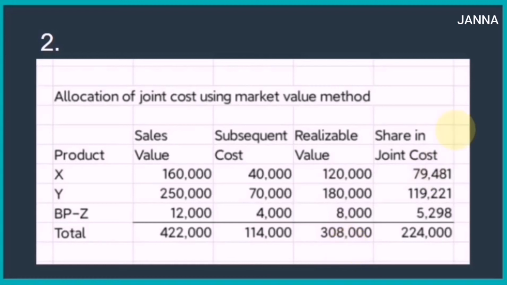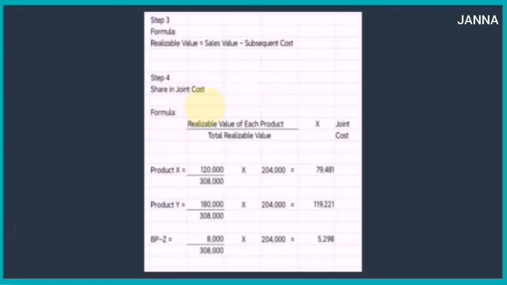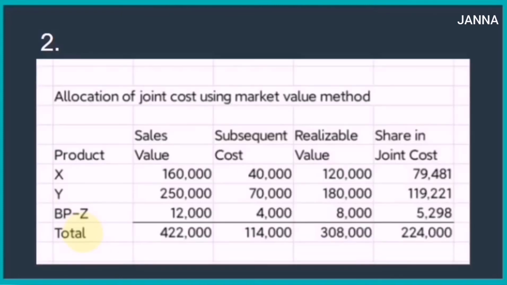Then, the last step is share in joint cost. The formula to get the share in joint cost is realizable value of each product divided by the total realizable value, then multiply sa joint cost. For product X, we have 79,481.